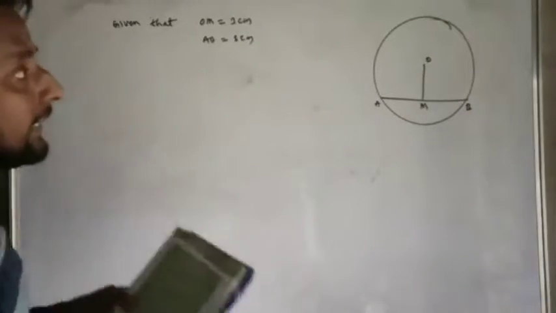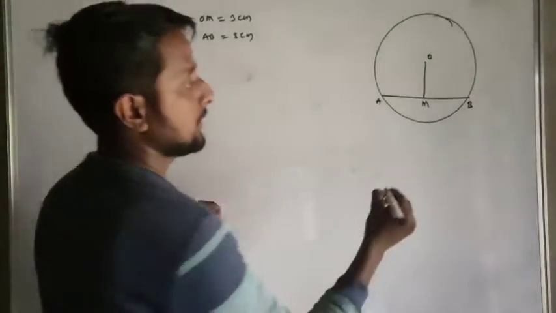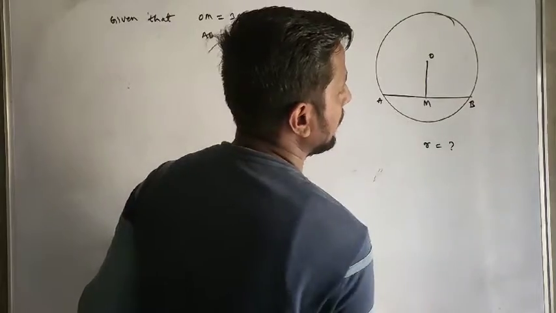Then find the radius of the circle. Just R we should find, right?